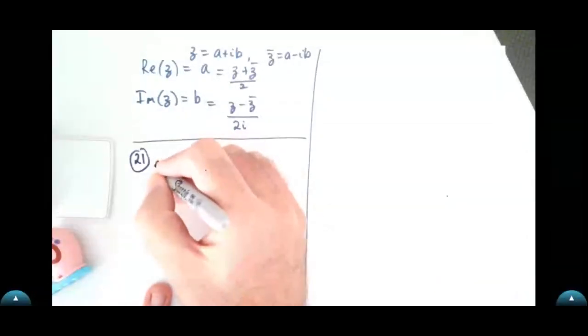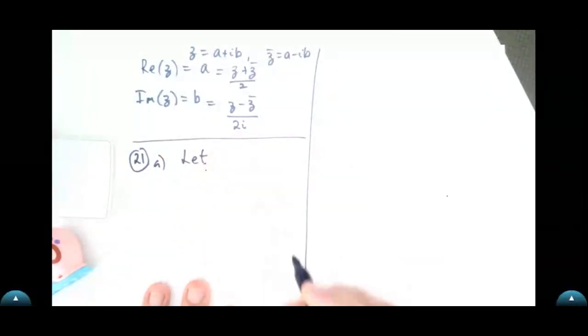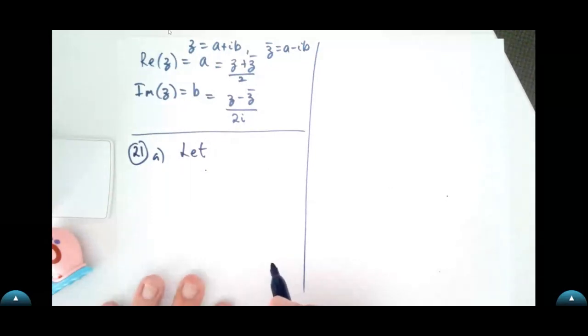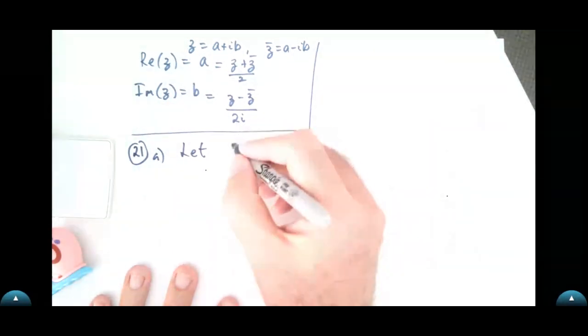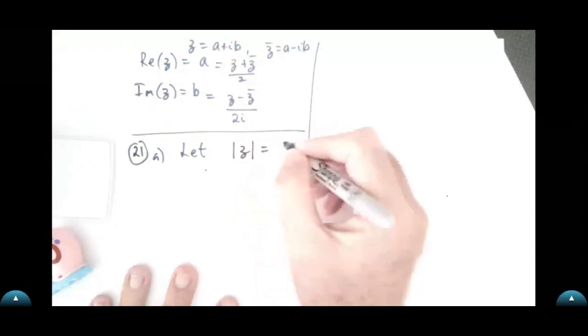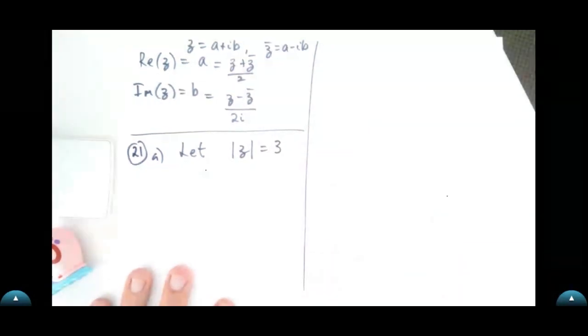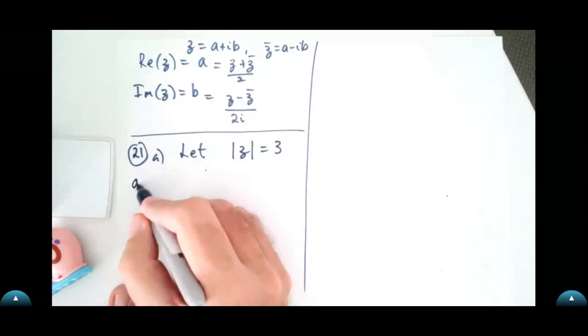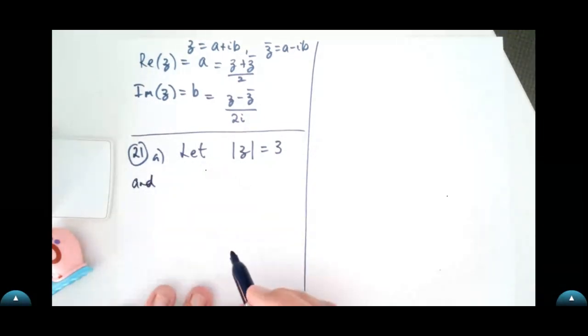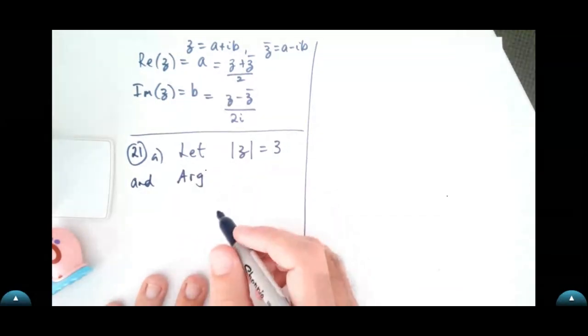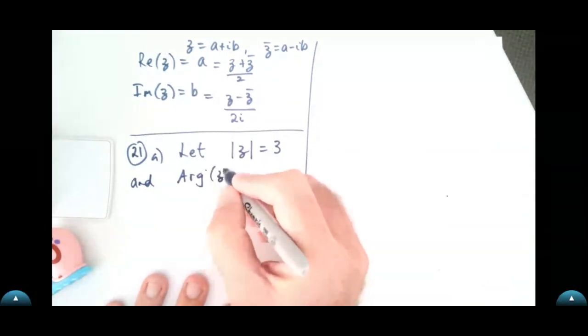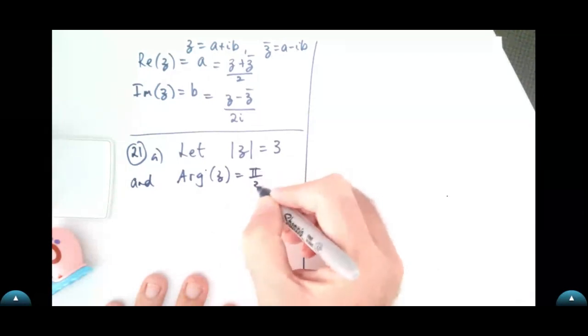In this question, the modulus of a complex number is 3, and the principal argument is pi on 3.